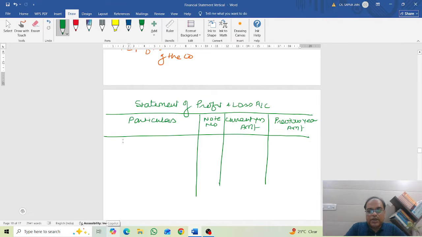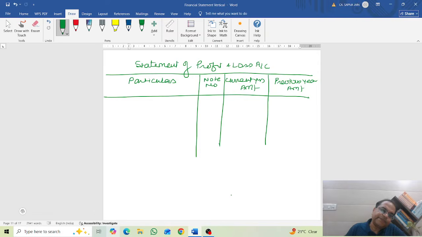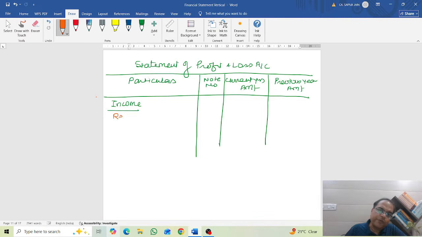Now under the statement of profit and loss account, the first is income. And there are two types of income. Number first is revenue from operation.